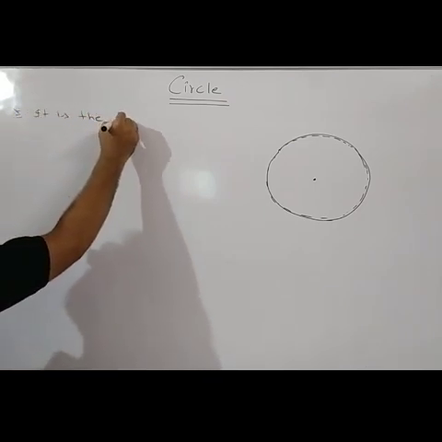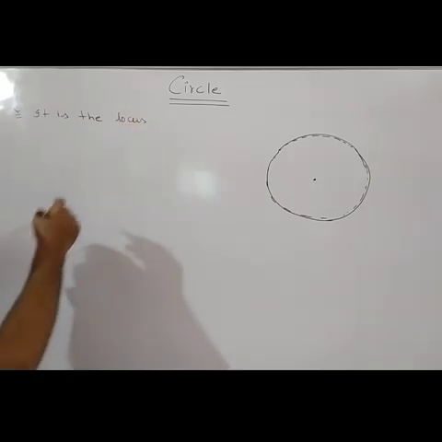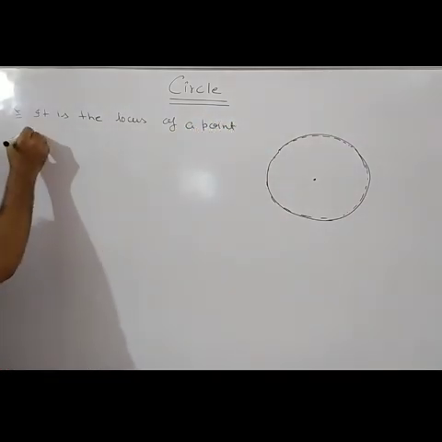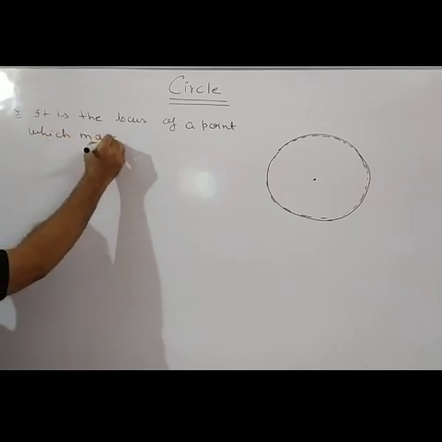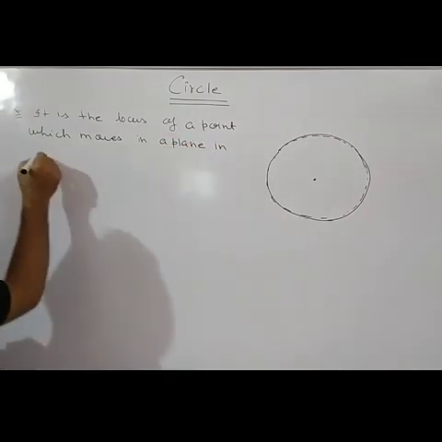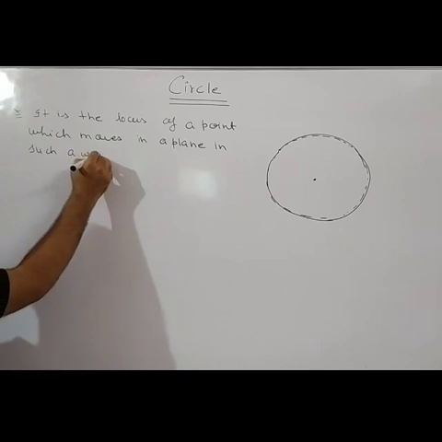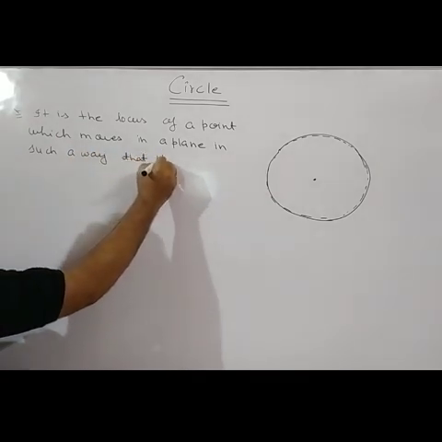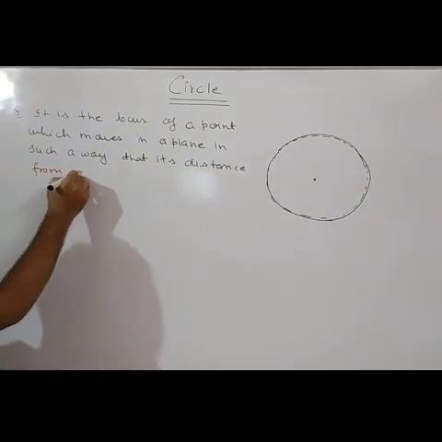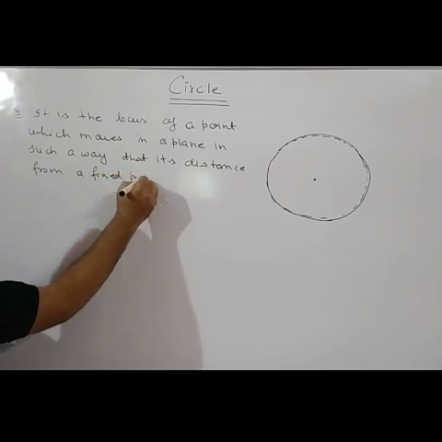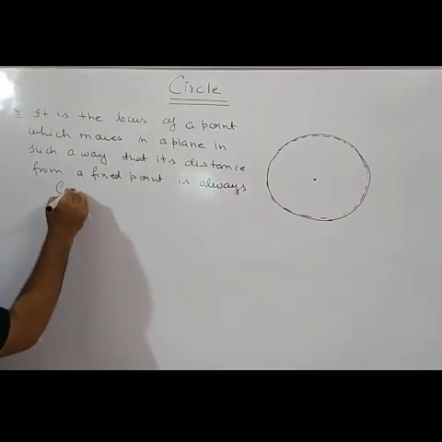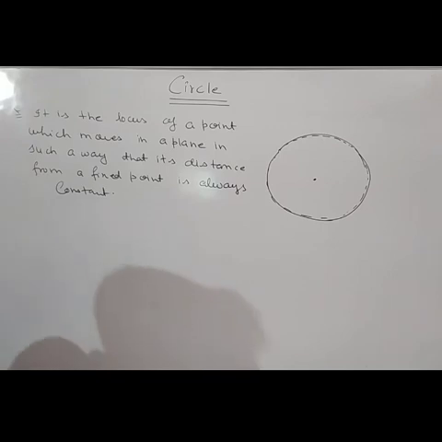It is the locus of a point which moves in a plane in such a way that its distance from a fixed point is always constant. This is the definition of circle.